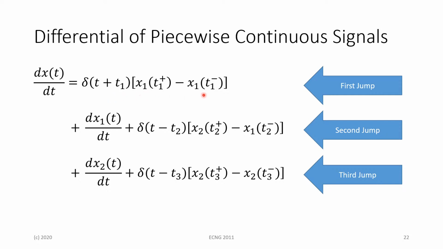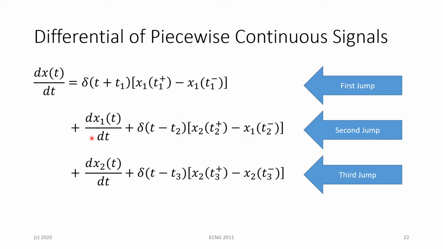And the jump here is given by our instantaneous time value, where x1 of t1 positive minus x1 of t1 negative. So the t1 positive here and the t1 negative here represent the time instant where the signal moves from a magnitude of 0 to a magnitude of 1. This is just a mathematical representation. It's nothing fancy. All it indicates is that vertical transition from 0 to 1.